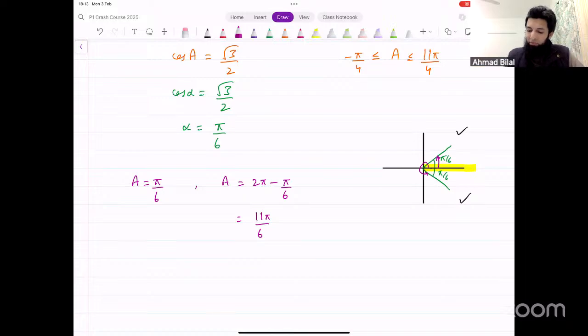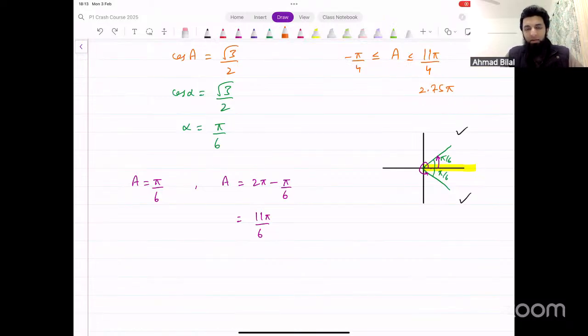Now, do we go beyond one full circle or do we not do that? How do we know that? Should we go beyond one full circle? Yes or no? 11 pi over 4, if you convert that to decimal, is 2.75 pi.